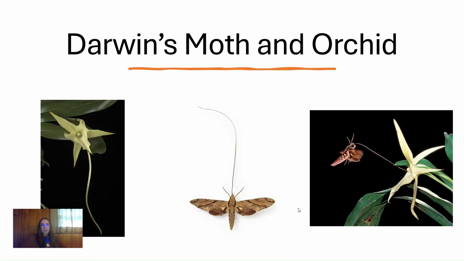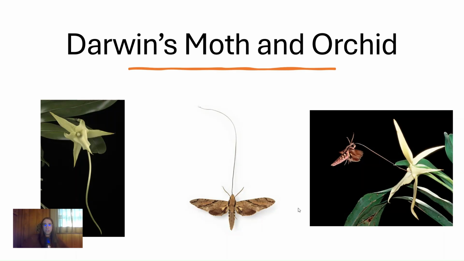So the first real example I'd like to talk about, I feel really exemplifies how both pollinators and plants adapt, and how those adaptations can influence and go hand in hand with each other. And this example is the Darwin's moth and the Darwin's orchid.